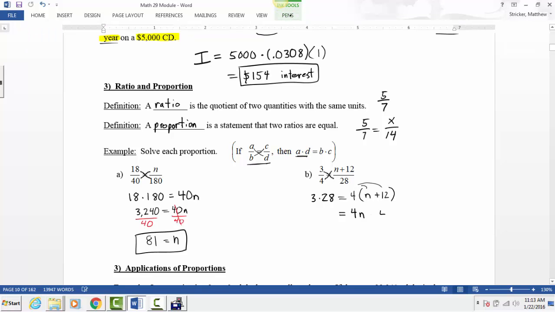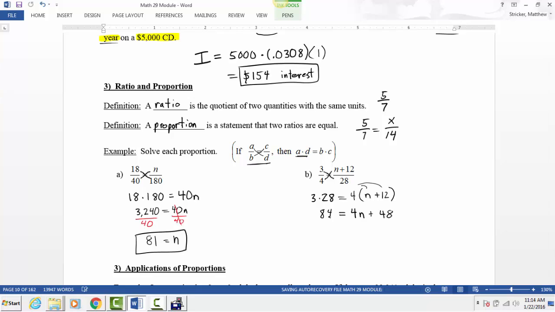So we have 4n plus 48. And 3 times 28 is what? 84. And we know how to solve this.